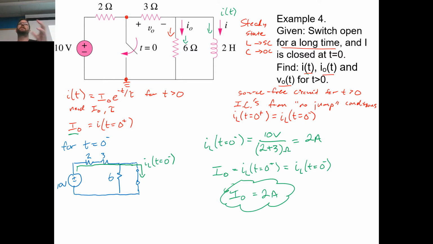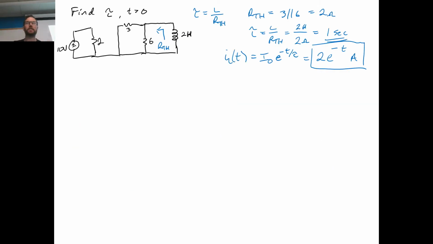The inductor's response, how it lets energy back out into the system, is what dictates it. So you start with the inductor, and once you have that determined, you can find the other voltages and currents.